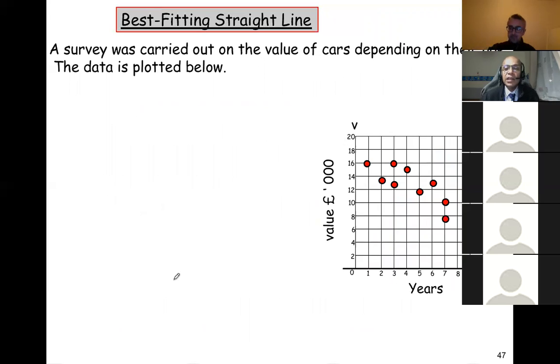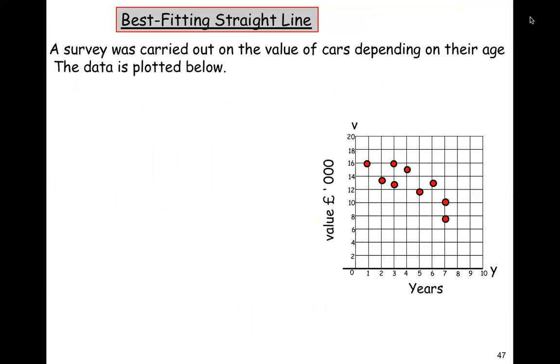Now let's see another example. This one, a survey was carried out on the value of cars depending on their age. So if the question they ask us is, can you see a correlation? You would think probably yes.